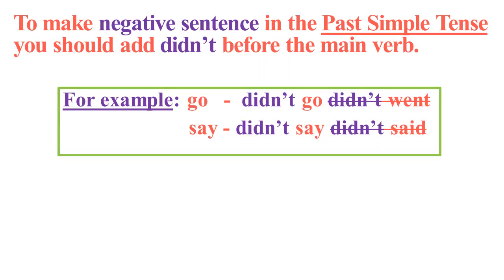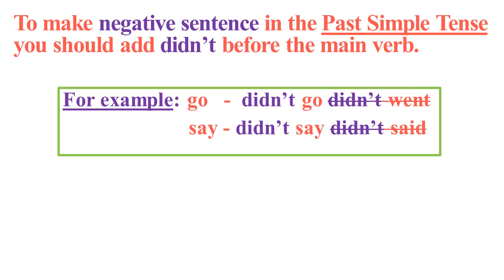And now it's time to speak about negative sentences in the past simple tense. So in order to make a negative past simple tense verb, you should add didn't before the main verb in the form of the infinitive. For example, didn't go, didn't say.